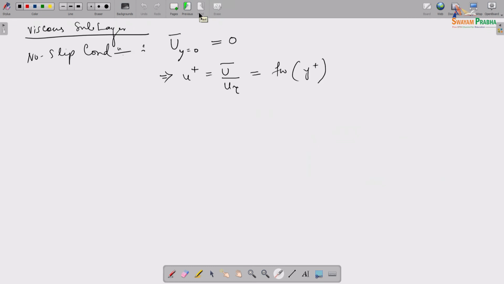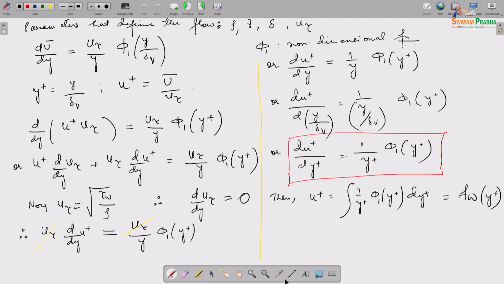Might want to cross check that. If the no slip condition is equal to 0, it implies that u plus, the mean velocity by u tau, which is also equal to F of y, is also equal to 0. Now we wrote down what f is. So f is essentially this function.